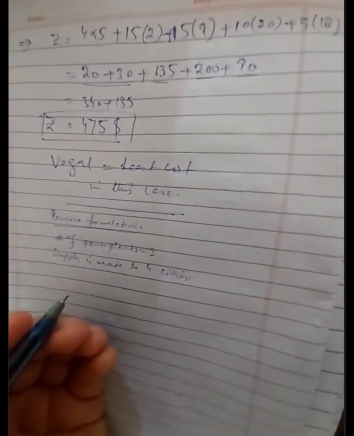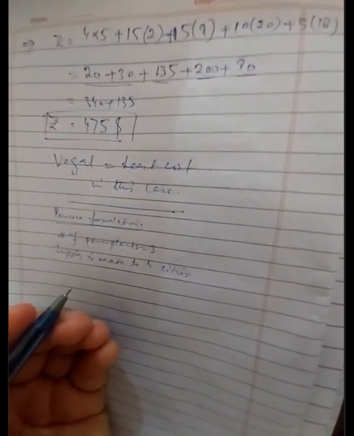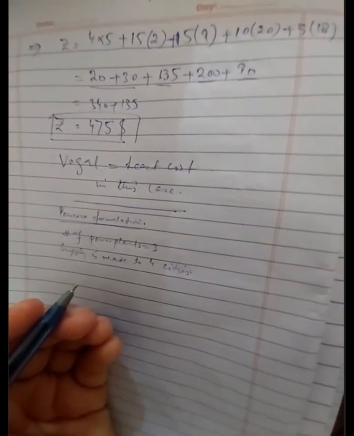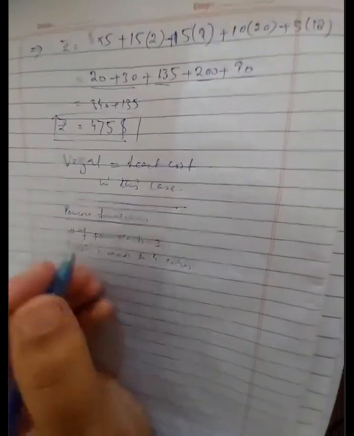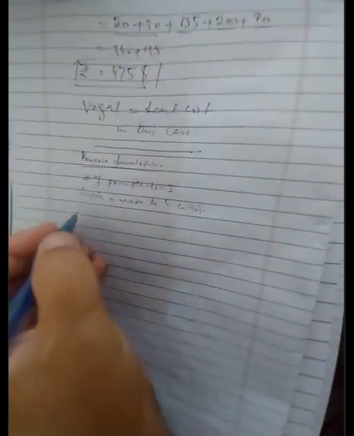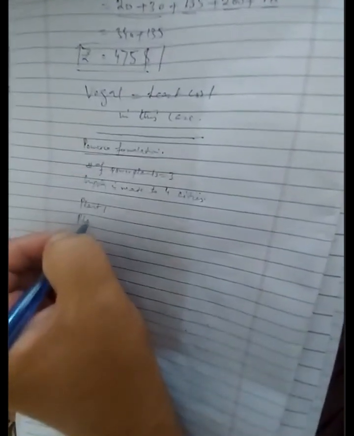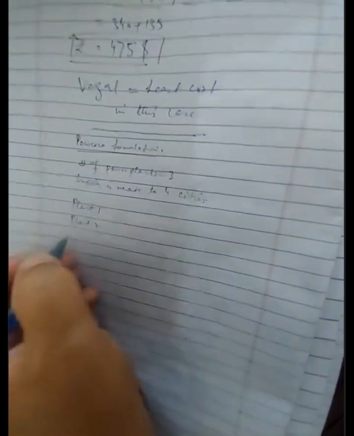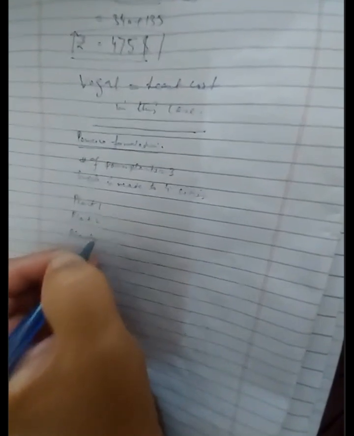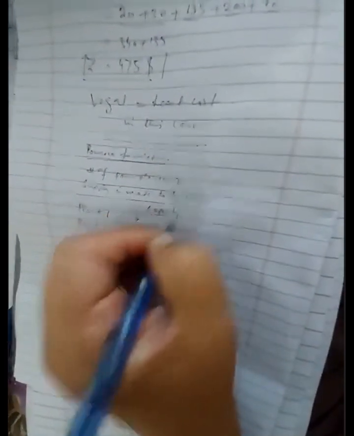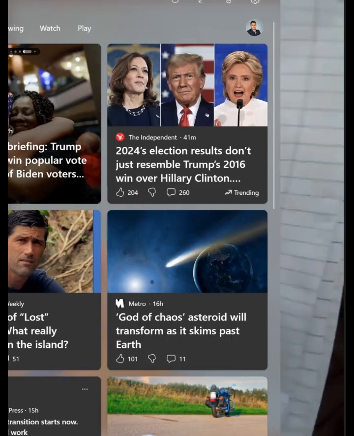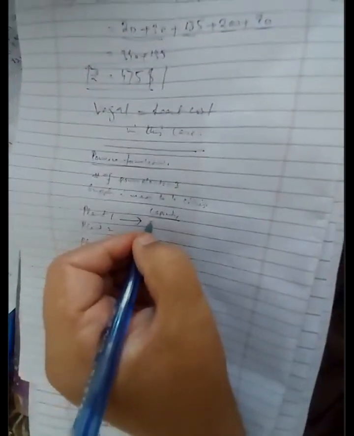Each power plant can supply the following number of kilowatt hours of electricity. So we can write plant 1, plant 2, and plant 3. We write capacity over here, and below it the respective capacity.